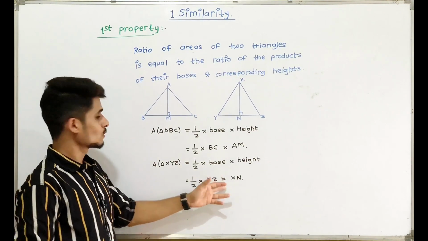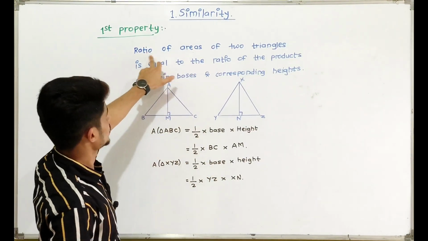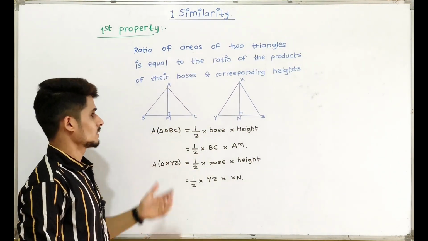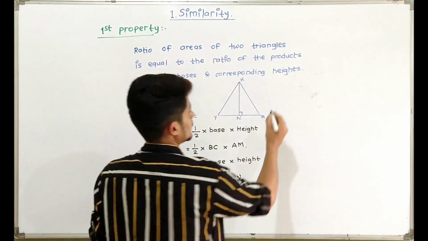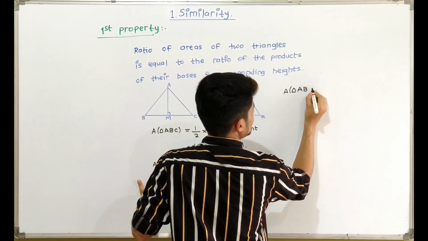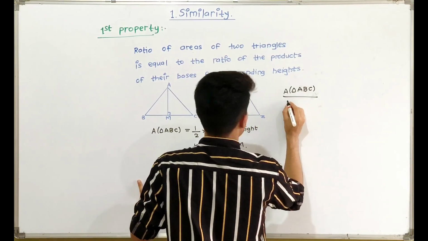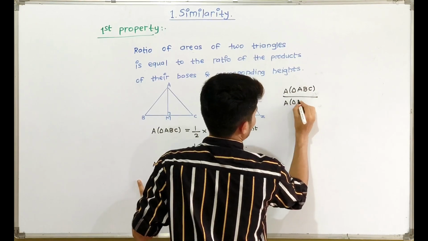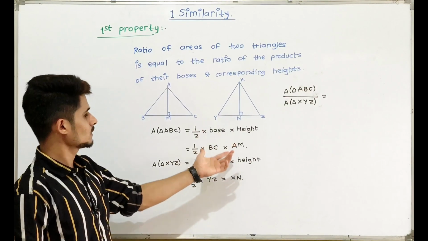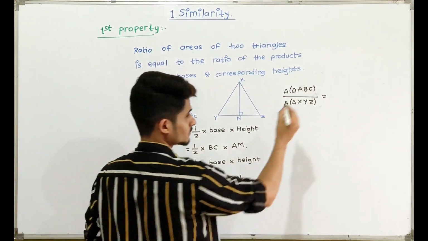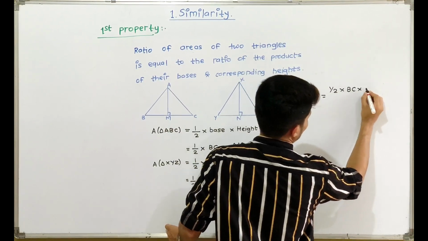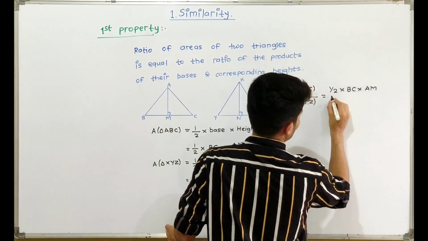So now we'll go through a property, that is ratio of areas of two triangles. We have two triangles, we'll take the ratio of their areas, that is area of triangle ABC upon area of triangle XYZ is equal to, we'll substitute the values, that is half into base is BC and height is AM.